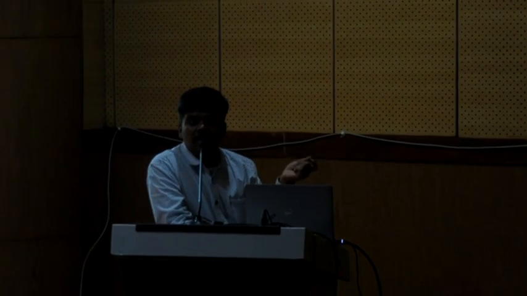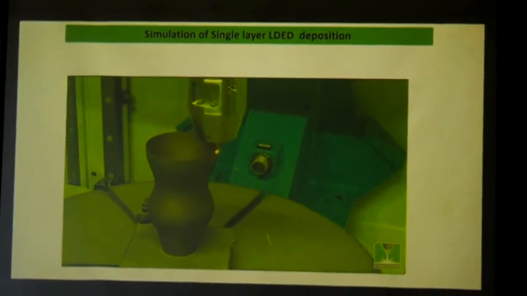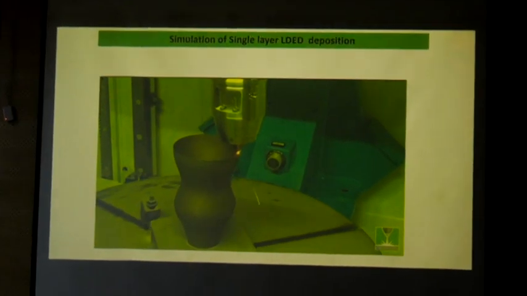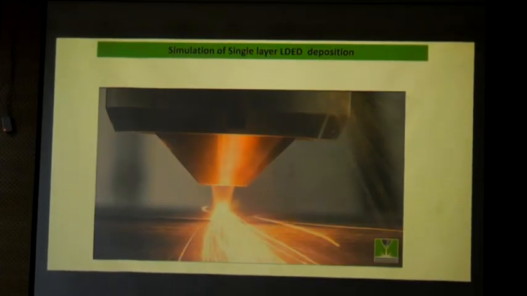But in numerical modeling, what can we analyze? Because of solidification we will get different microstructures also, that is another aspect. But numerically we can identify how much deformation is going to take place, and how we can control the heat. That is by correlating the laser power, scan speed, and the powder feed rate.